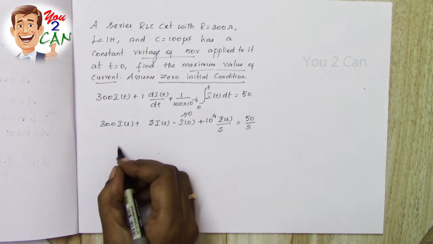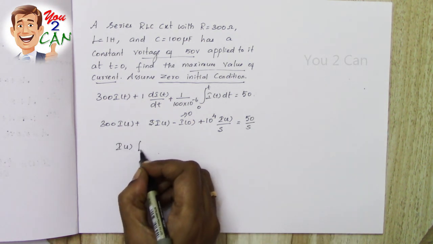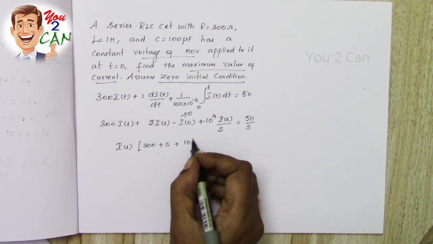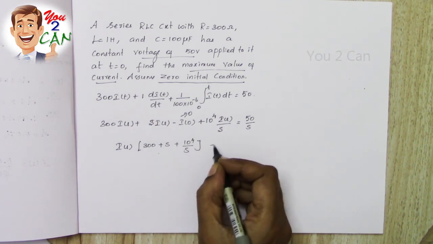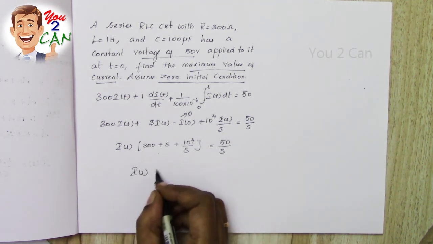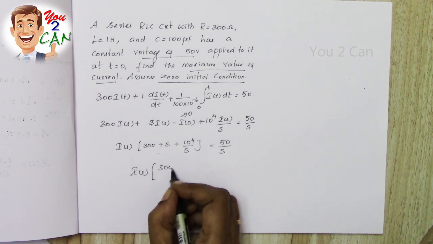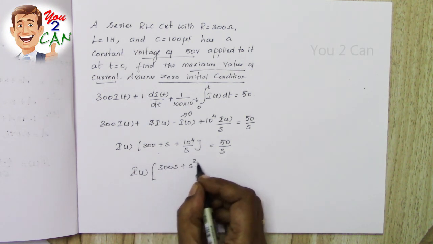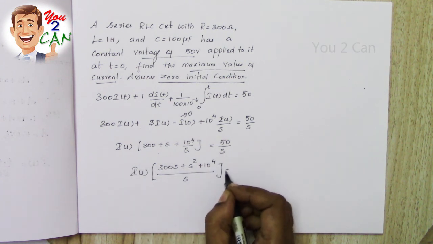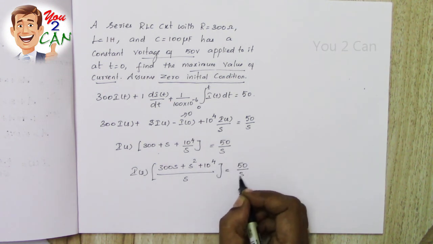Now take this I(s) common: 300 plus s plus 10 power 4 by s will be equal to 50 by s. So I(s) into 300s plus s squared plus 10 power 4 by s will be equal to 50 by s.